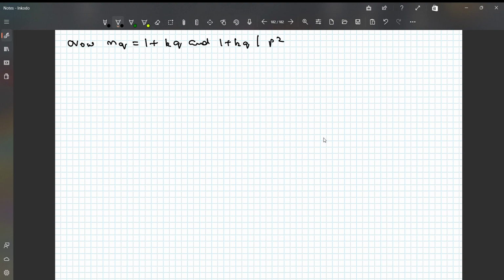NQ must divide P squared, correct? If NQ divides P squared, what can I say about the divisibility of P squared by Q? That is what I want to ask.